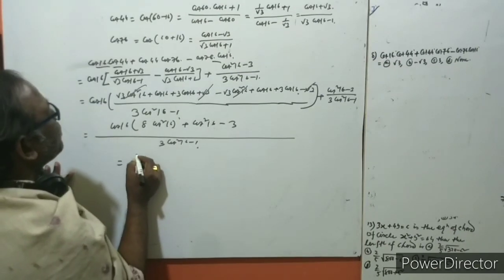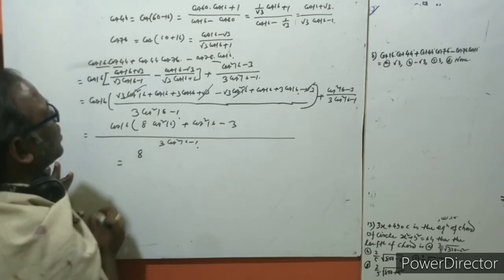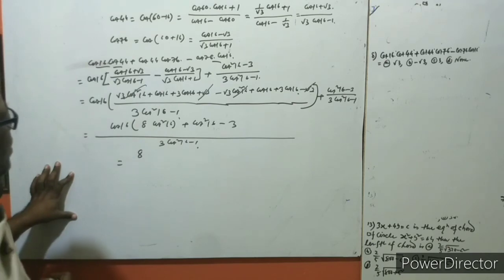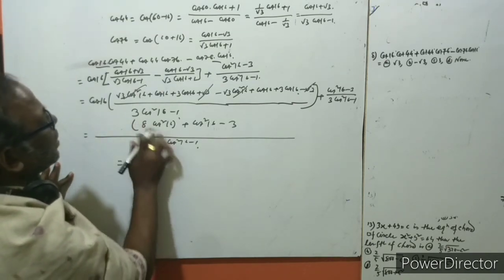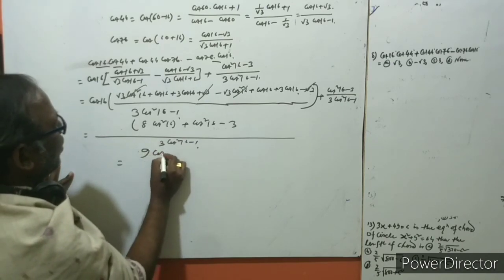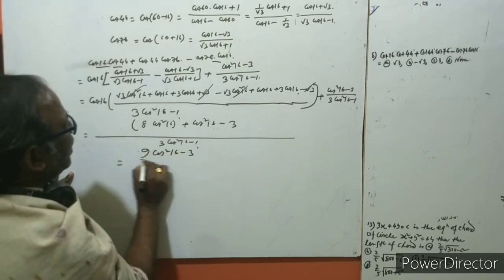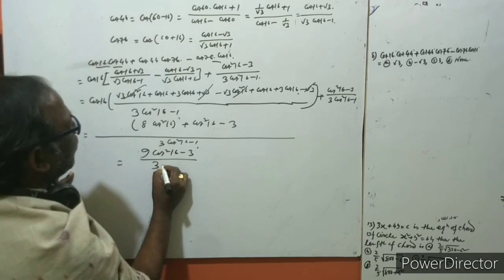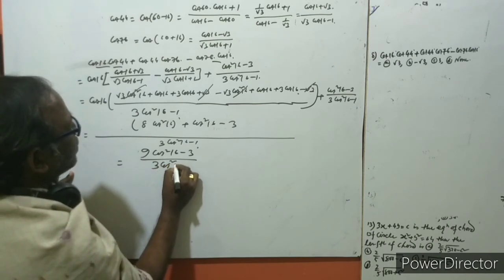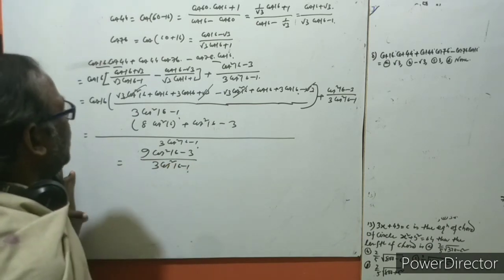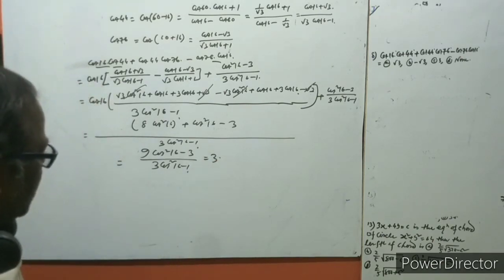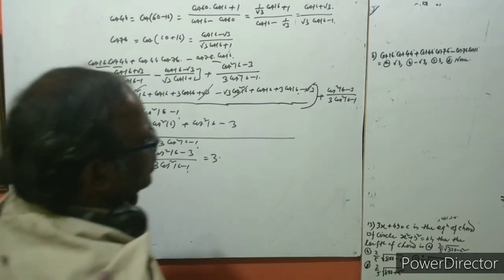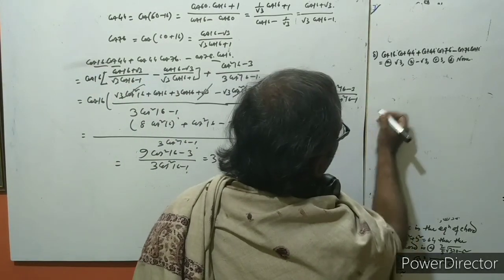So that's like 8. Okay, this is taken square 9. So 9 cot square 16 minus 3, and this is here 3 cot square 16 minus 1. Okay, taking common 3 here, we get the answer is 3. So this is option number C.